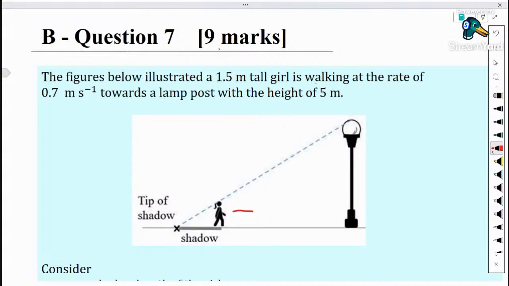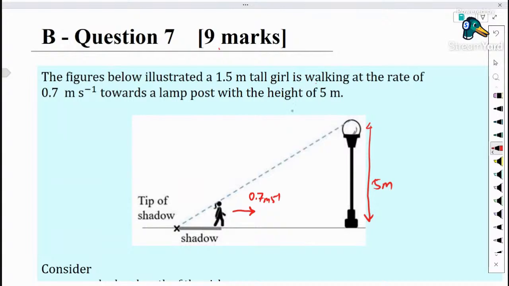So she is walking towards it at the rate of 0.7 m per second, and you are told that the lamppost has a height of 5 meter.